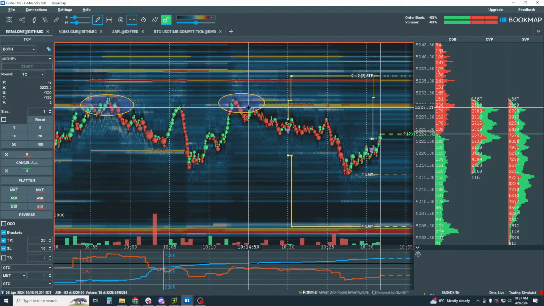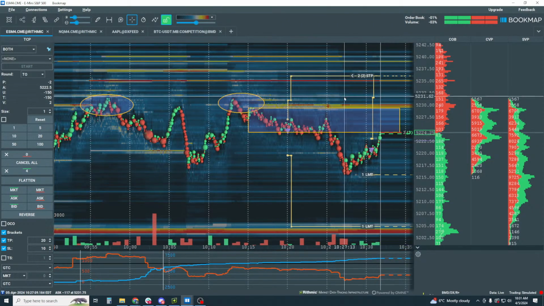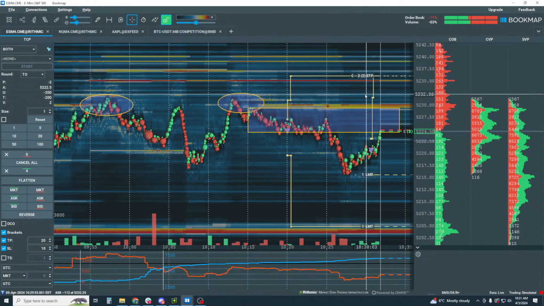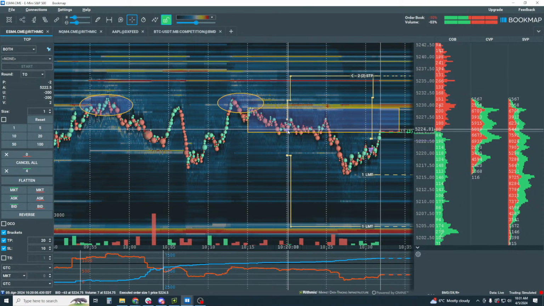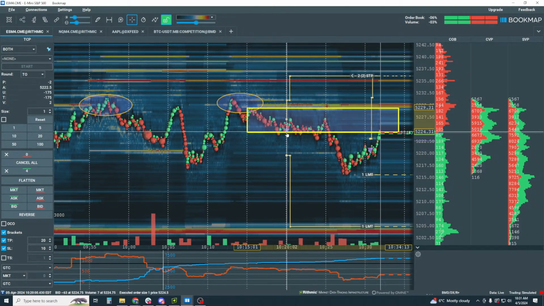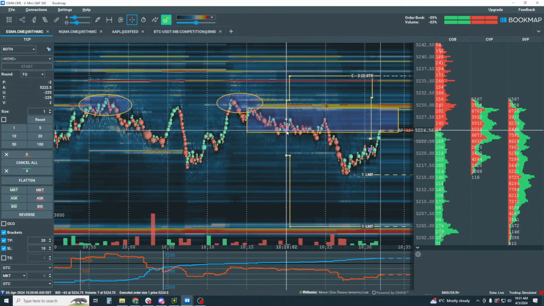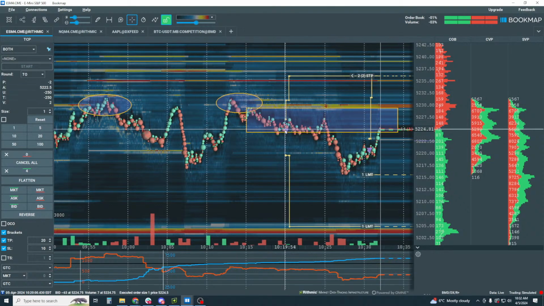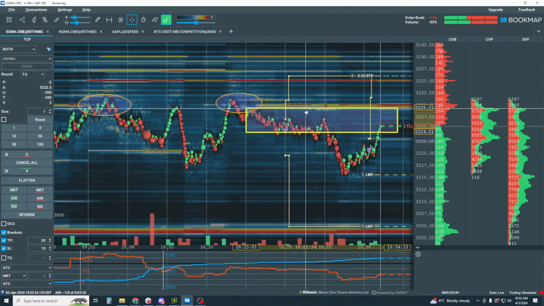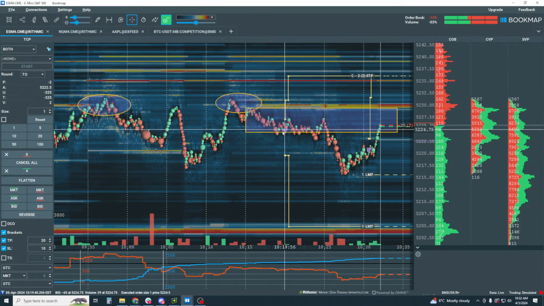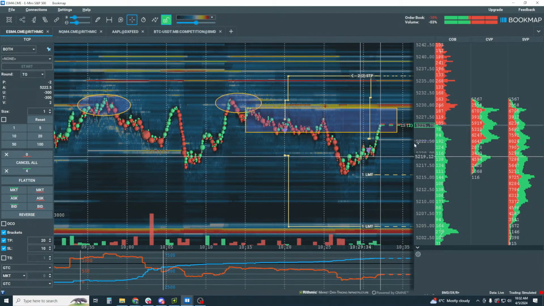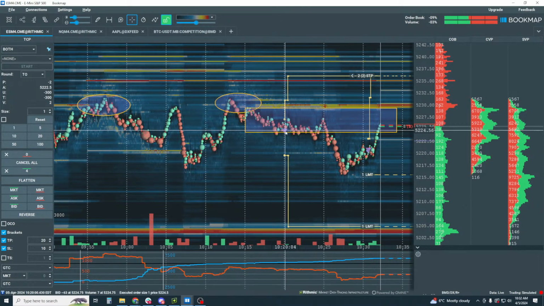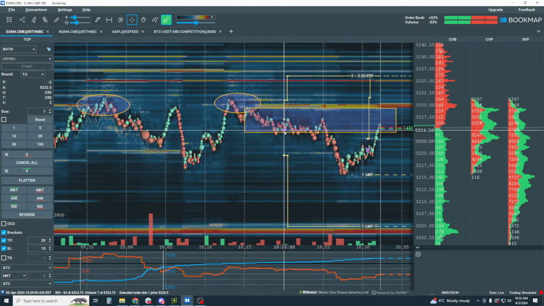right? And the way to scale into a trade is, now maybe you have a bit of FOMO issue in here, and you're thinking, well, I don't want to miss it. All right, so I'm going to get in here, and it goes against you. So one way to look at this is then add in a third or half a position here.